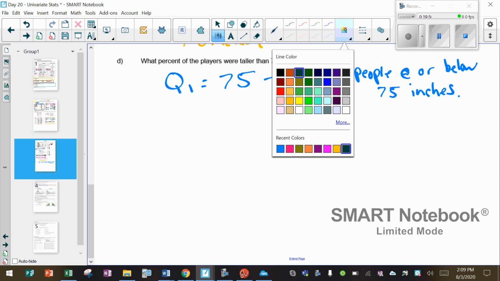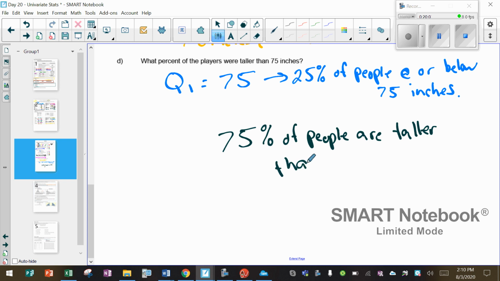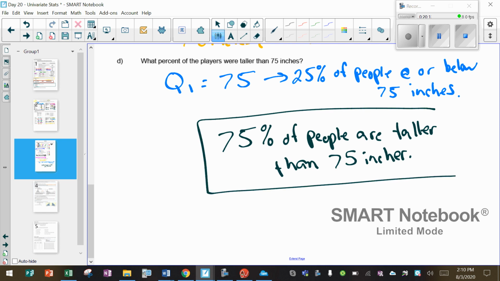So if 25% of the people are below 75 inches, then 75% of the people are taller. So 25% of the people are below, because that is exactly what the Q1 score tells us.